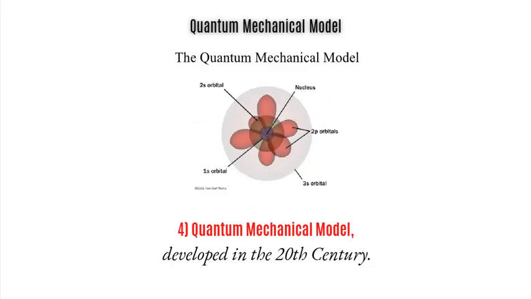Quantum mechanical model, the most advanced model developed in the 20th century, describes electrons as existing in probabilistic clouds or orbitals rather than fixed orbits. This model incorporates the principles of quantum mechanics to provide a more accurate and detailed understanding of atomic structure.